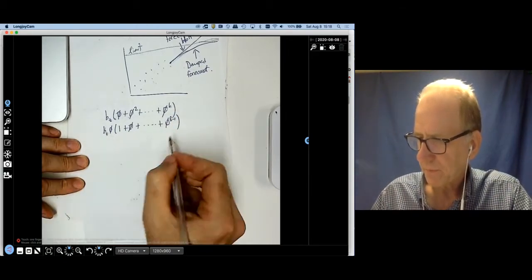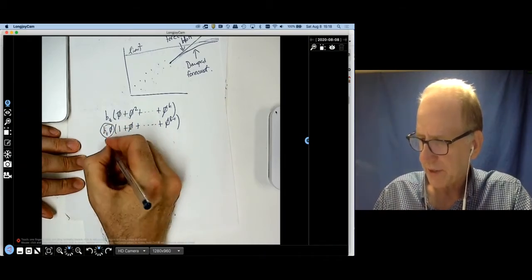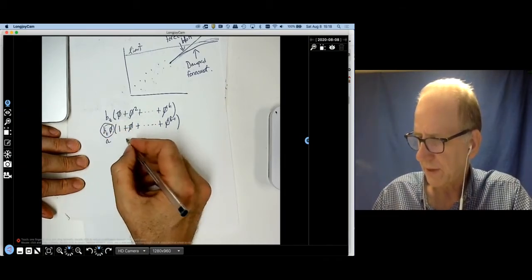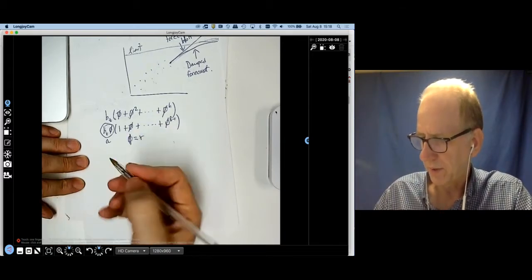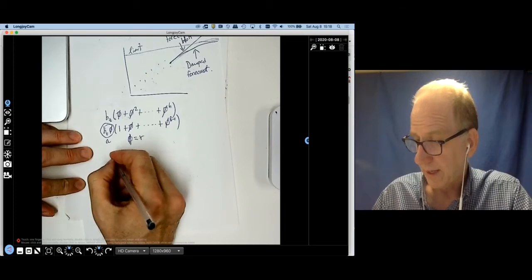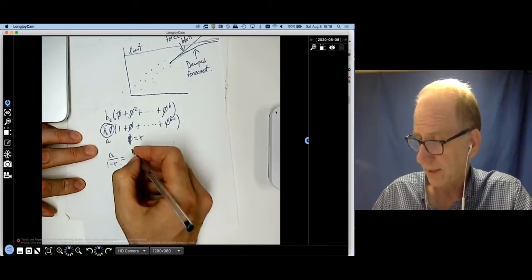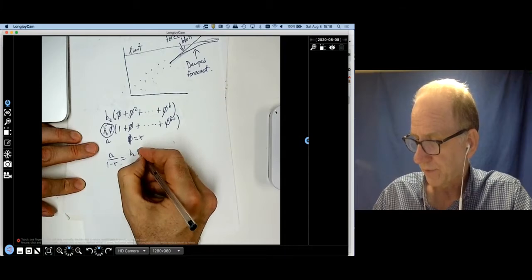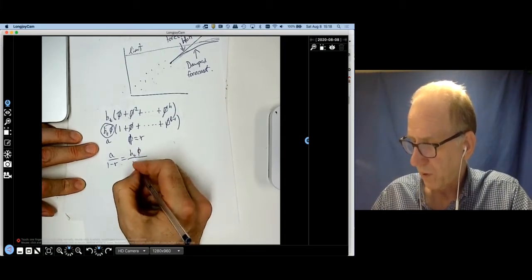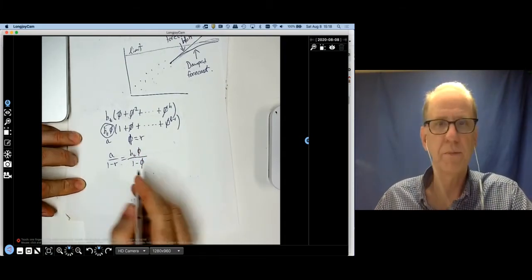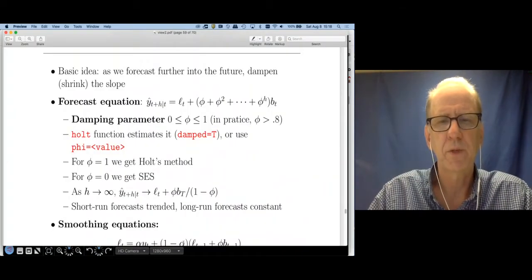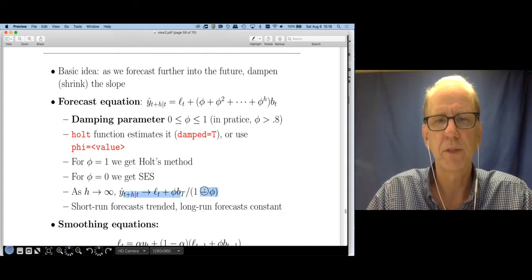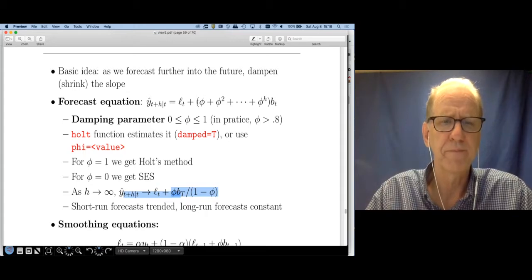Think of this as the a term, and then phi is the r term. And so if we take the sum as a over 1 minus r, in this case it's going to be b_t times phi divided by 1 minus phi, and that would be the sum of this geometric series. And so that's what I've given to you right here. So that's what happens in the limit as h gets really big.